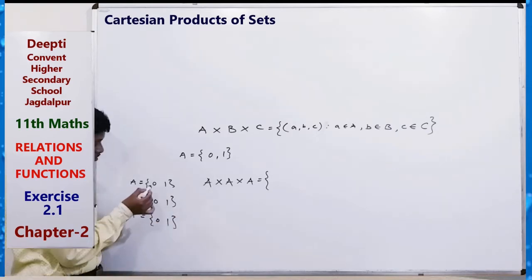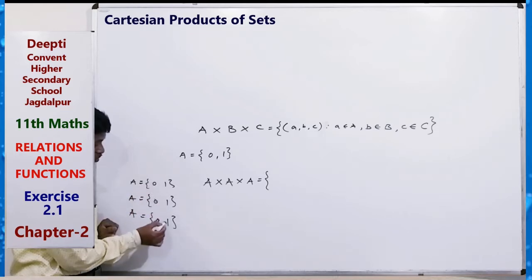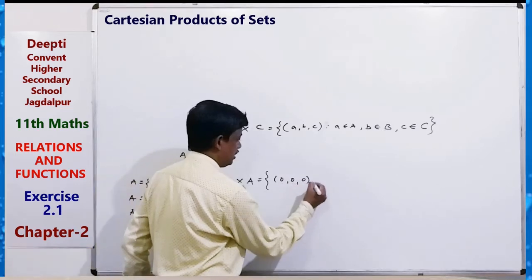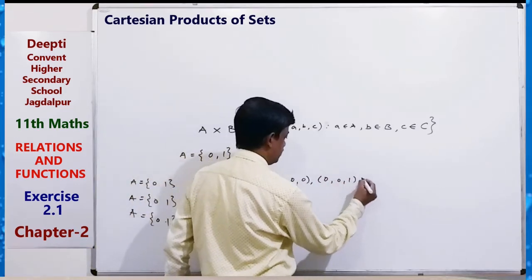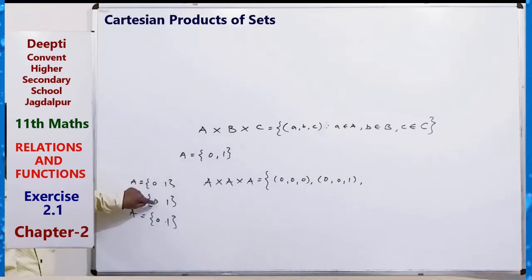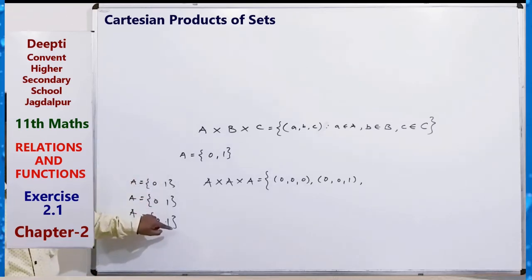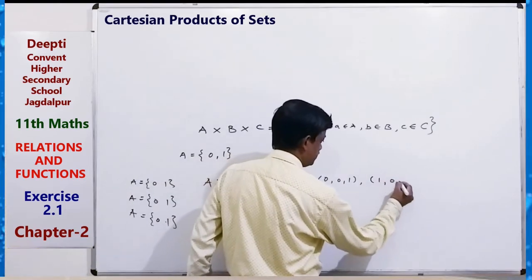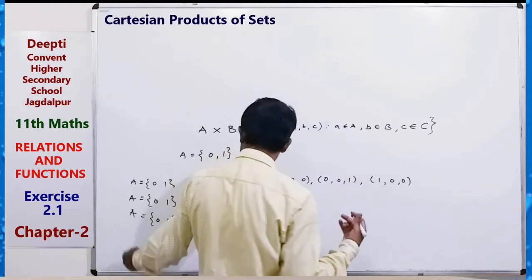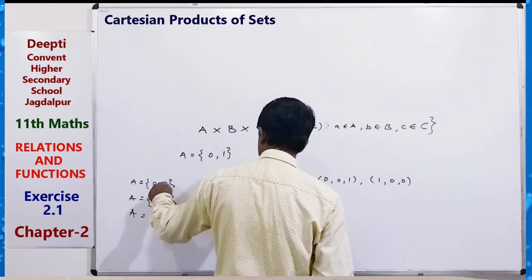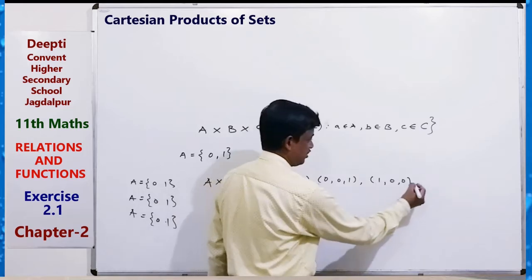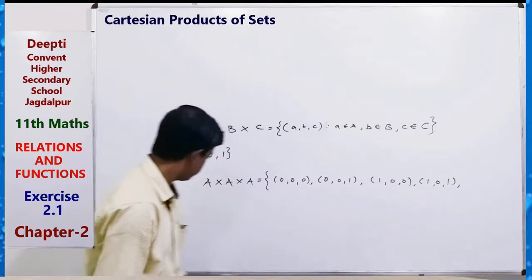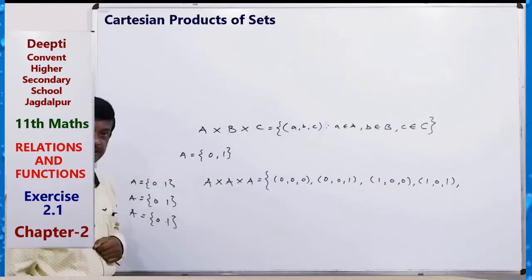So how? 0 0 0, 0 0 1, 1 0 0, 1 0 1. Clear?